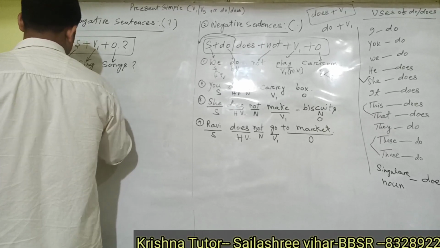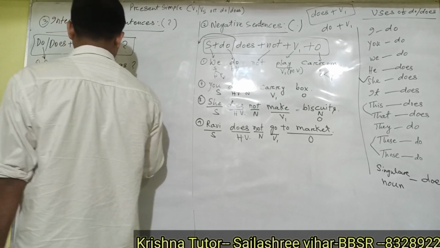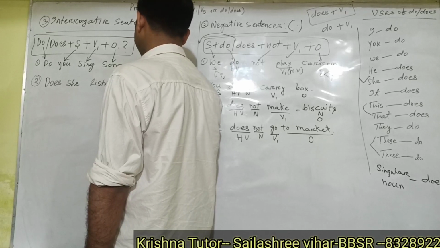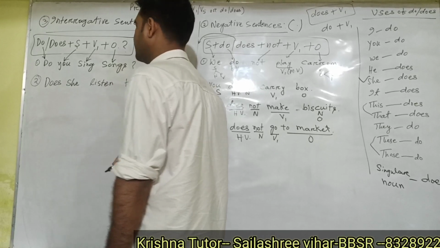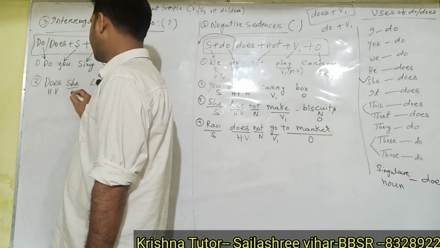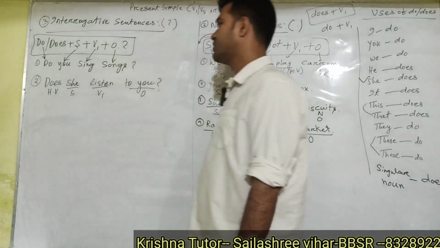Does she listen to you? This one is the helping verb, this one is the subject, this one is the B1 form, and this one is the object.